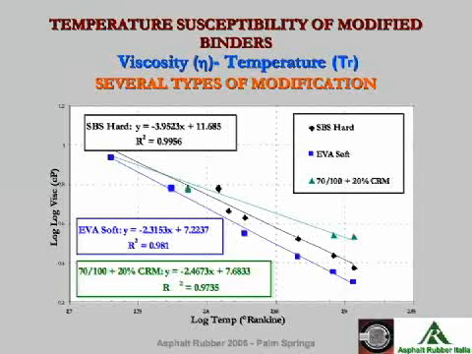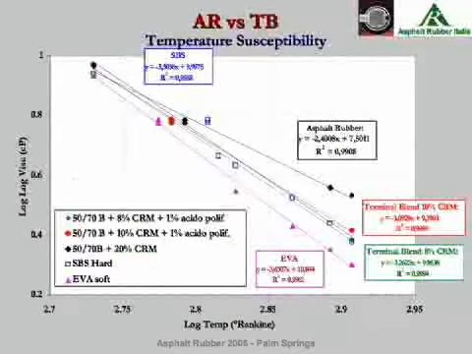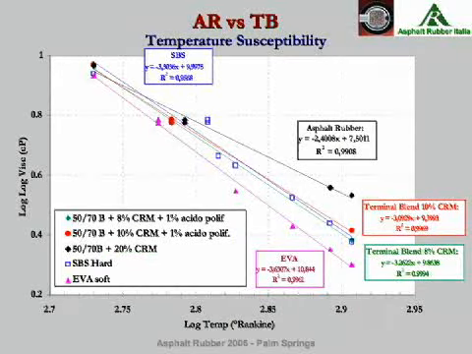And we can see that an SBS has this kind of behavior, and here we have the EVA near to what were the results for a natural binder. Considering now asphalt rubber versus terminal blend, we have here our asphalt rubber and our two formulations for terminal blend that actually perform better than SBS and EVA, but are less performing than asphalt rubber.